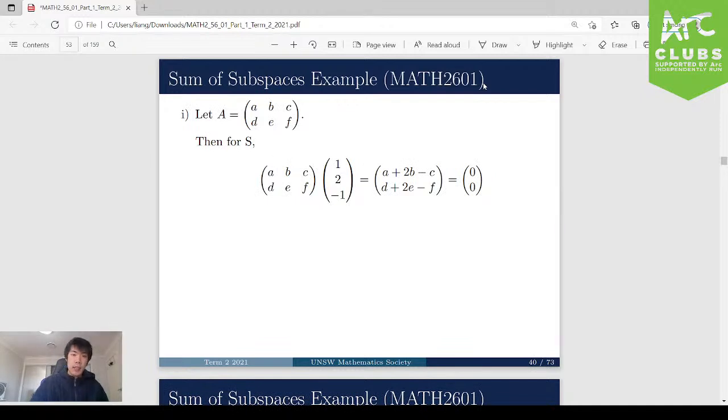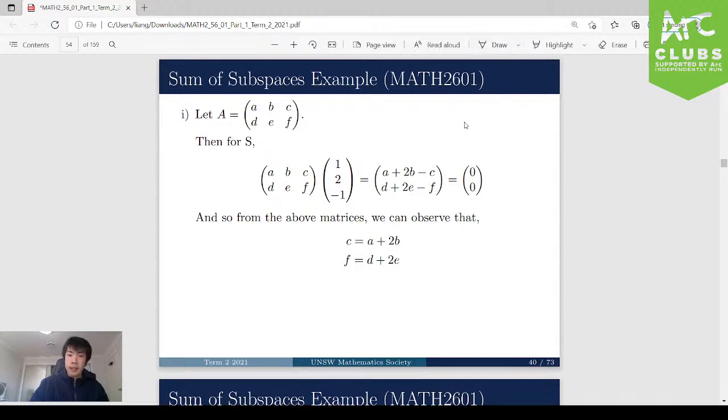Let's start off by defining A as being some 2 by 3 matrix, so A, B, C, D, E, F. Then for S, we would have that the matrix A times the vector 1, 2, minus 1 equals this next line here, which is just your normal matrix times vector. And recall that in order for A to be within S, this has to equal 0, 0. Then if you compare each row here, you would end up getting C equals A plus 2B and F equals D plus 2E.